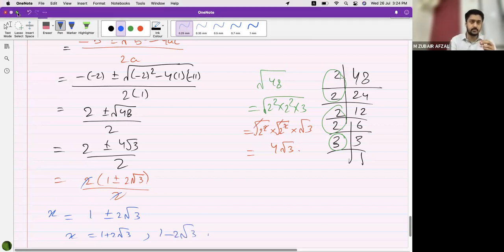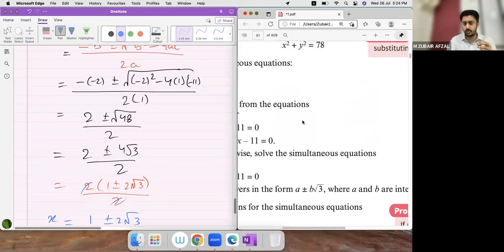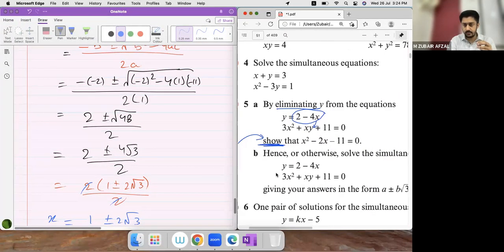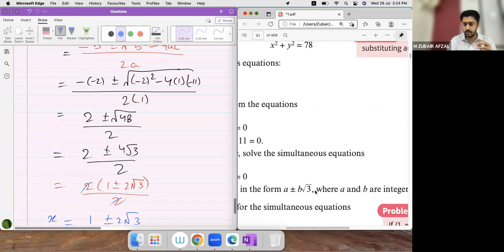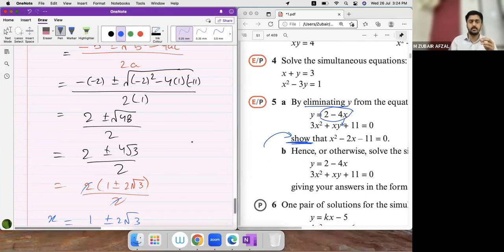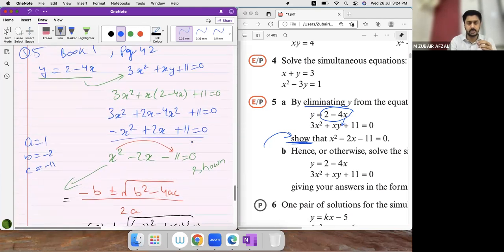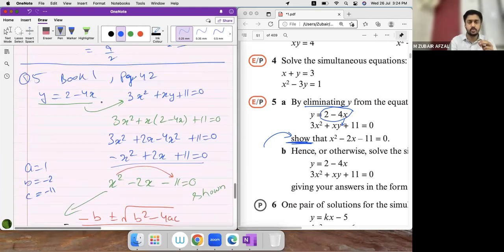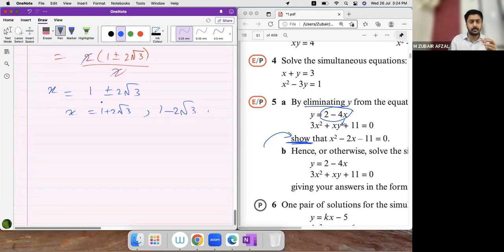We have our x. We can now go for y. It says giving your answers in the form a plus b square root 3 where a and b are integers. Okay, this was the demand of the question, and y we've already found: y is 2 minus 4x.